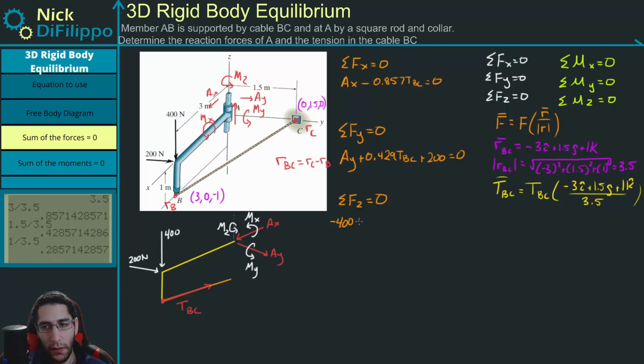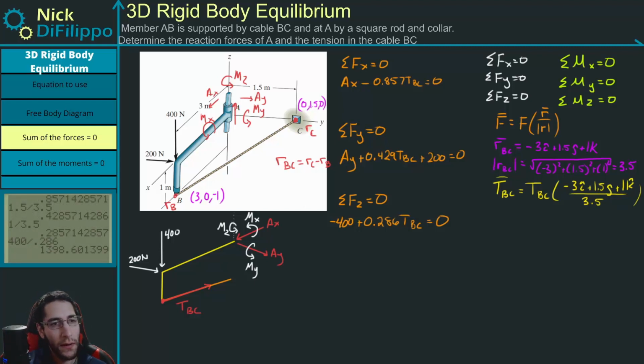So plus 0.286 TBC is going to be equal to 0. So I can solve this. I can say 400 divided by 0.286, the 400 went to the other side of the equation, and I get roughly 1400 newtons.